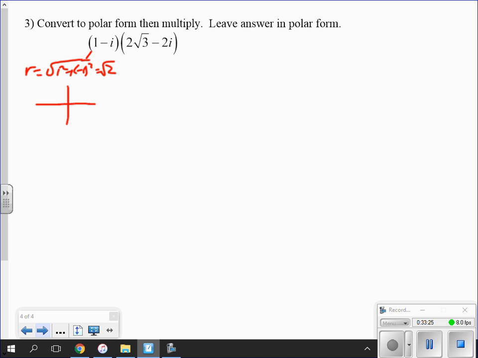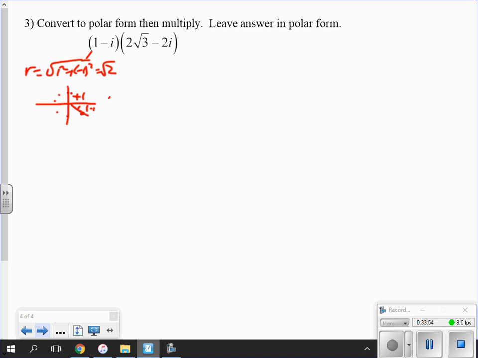Where's the point 1, -1? It's down here, right? It goes out 1 and down 1. What is our tangent of that? Our tangent is going to be 1 over 1, which means it's another pi over 4. But we go around 1, 2, 3, 4, 5, 6, 7 pi over 4.